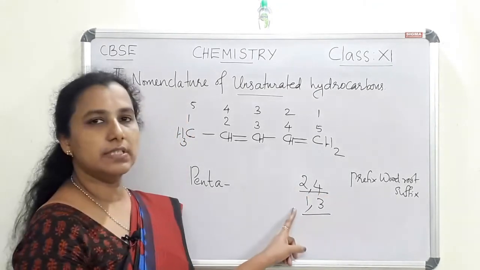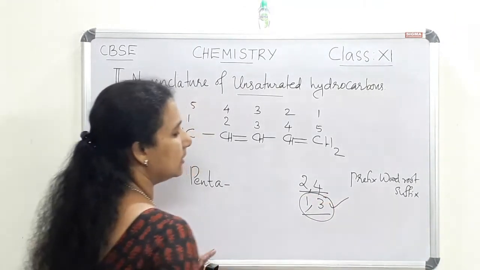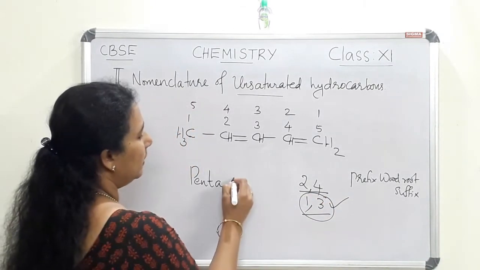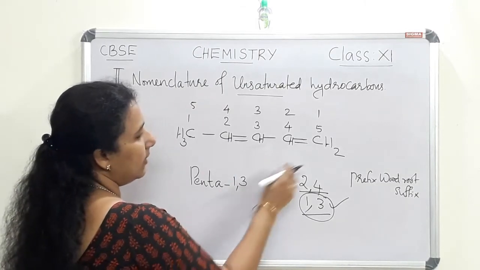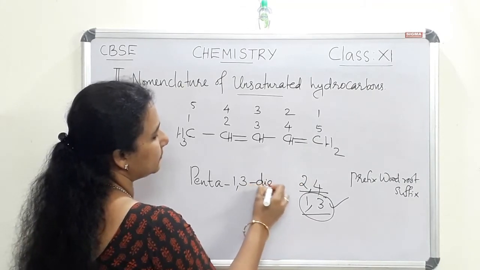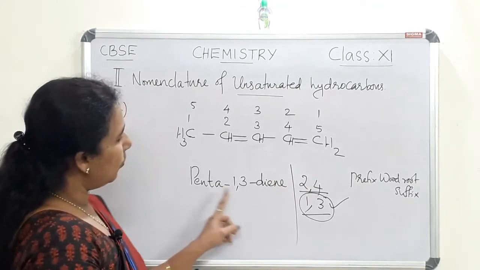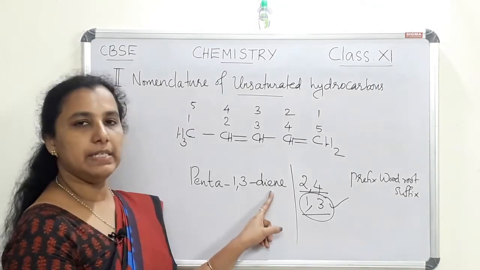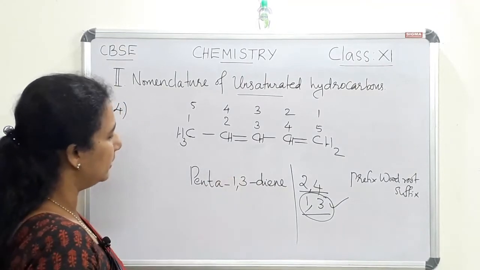Comparing these two locants, 1, 3 is the correct one. So it will be 1 and 3. Both the positions are ene, so it is a diene. So penta 1,3 diene is the IUPAC name of this compound.